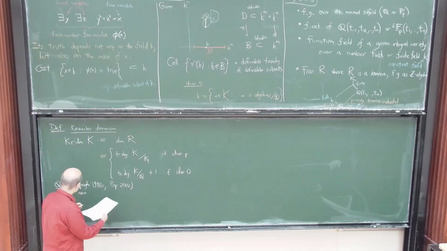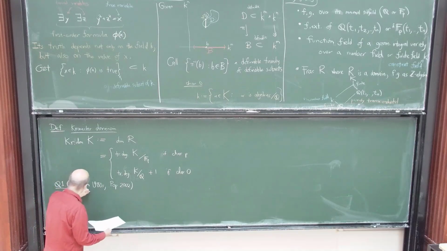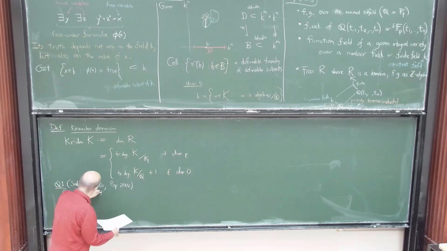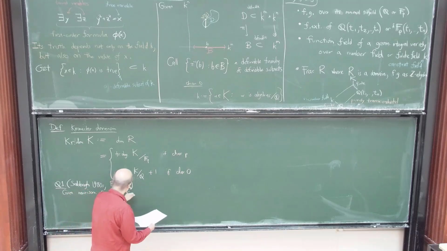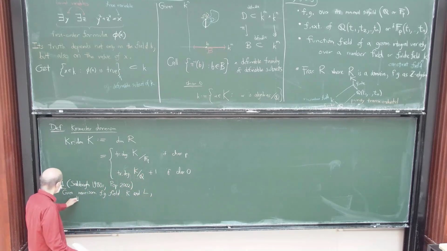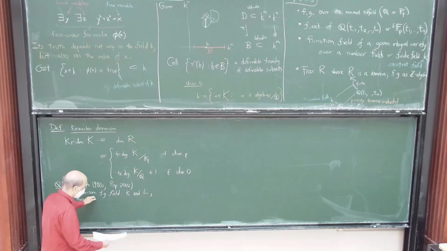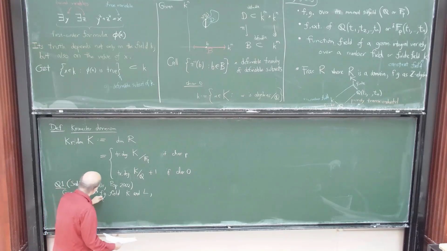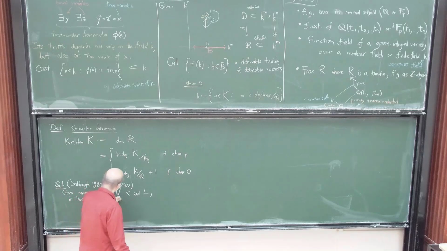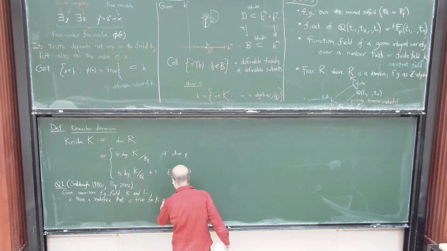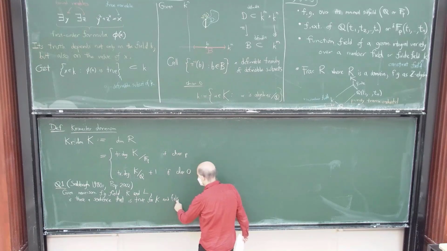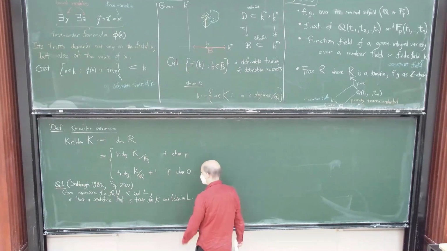Given non-isomorphic finitely generated fields K and L, can you find a first order sentence that is true for K and false for L? So really it's a sentence that distinguishes those two fields.